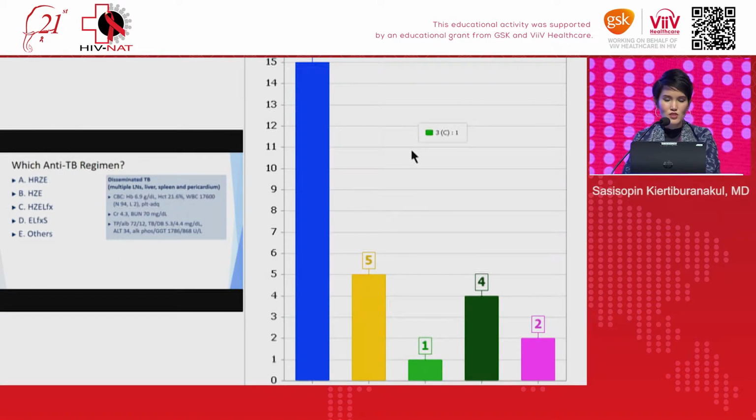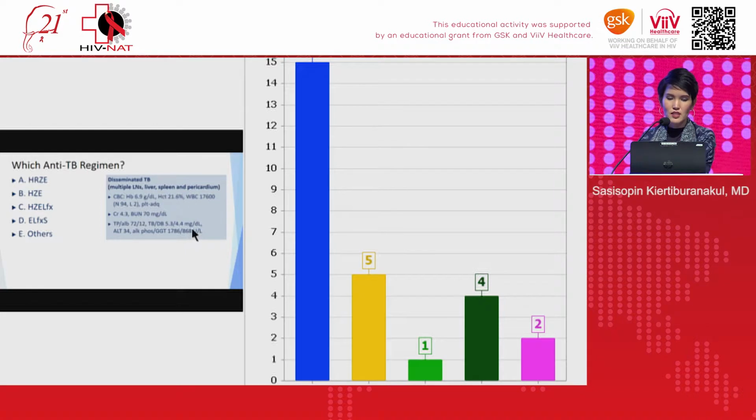So most of you still use all 4 drugs: INH, rifampicin, pyrazinamide, and ethambutol. Some of you may be afraid of rifampicin because the patient has jaundice, or some of you chose D, which has streptomycin. It may be contraindicated in this case because the patient has a high creatinine.